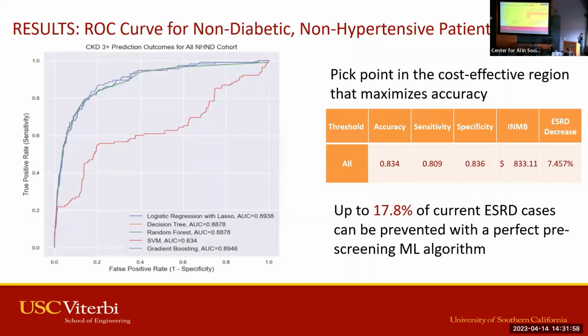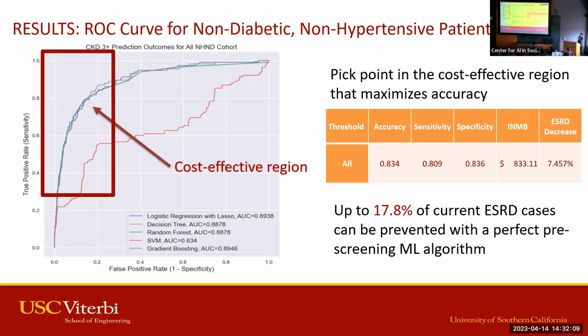Here I'm showing some results, first from our machine learning tool. There will be different points along the ROC curve. And with the implementation of microsimulation, we evaluated those pairs and we find that only points that lie within the cost-effective region will be cost-effective to implement in practice.